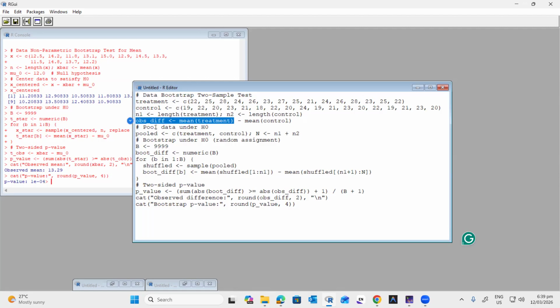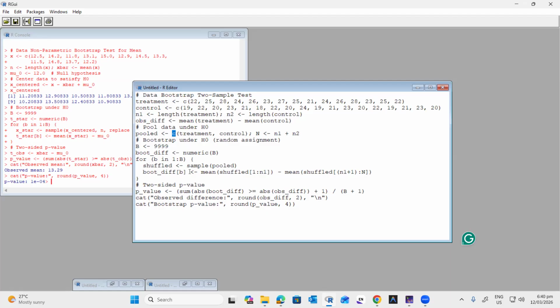After that, pool the data under H naught. In pooled, we combine treatment and control using c for combine. We pool the two samples into a single vector of length 15 plus 18, that is 33.